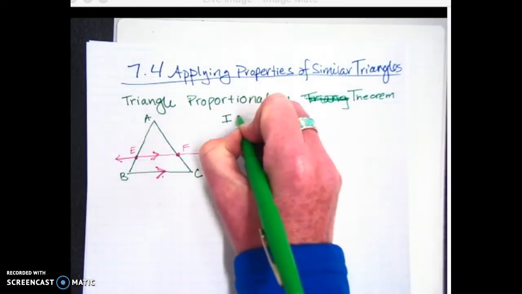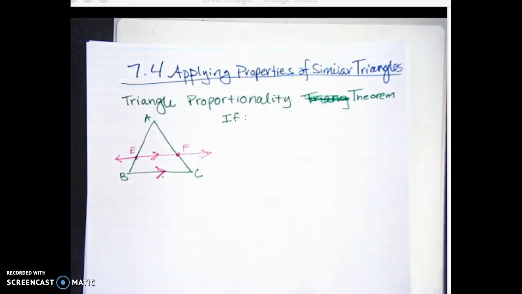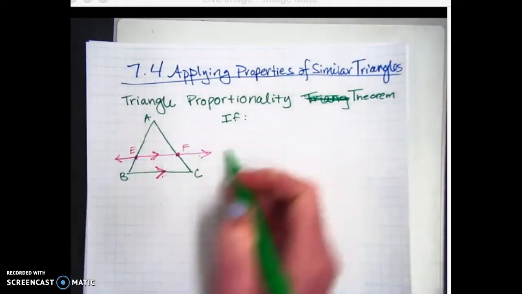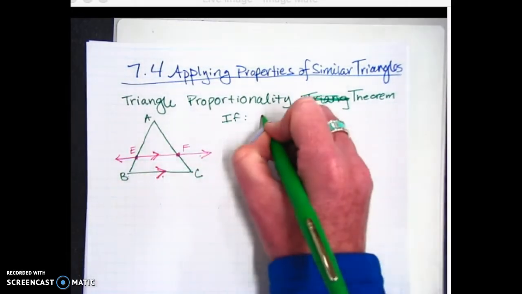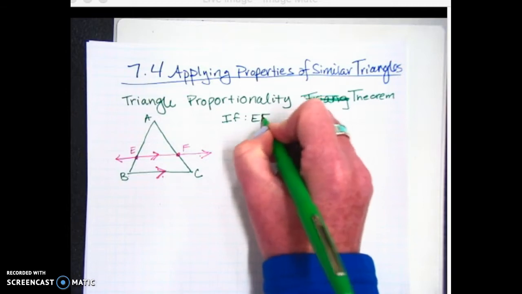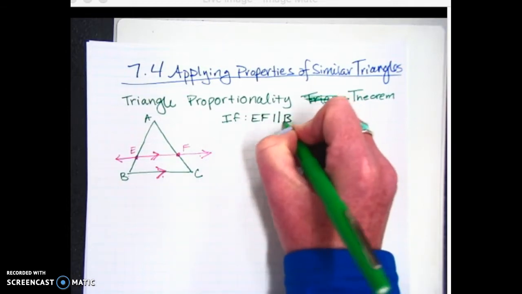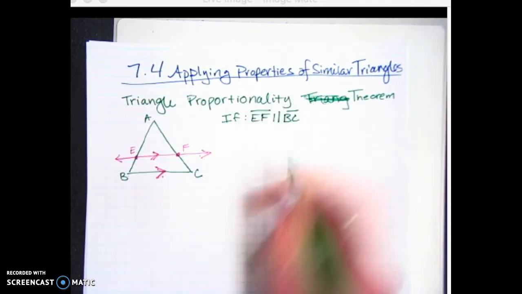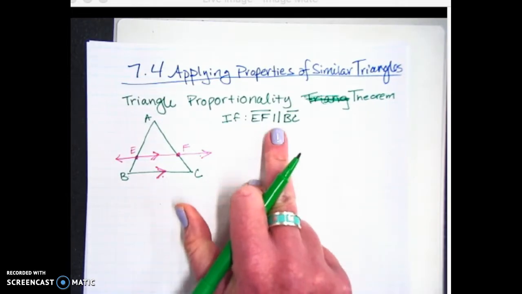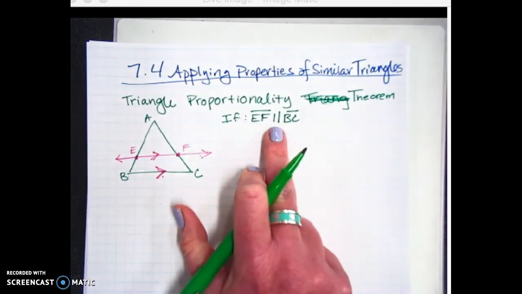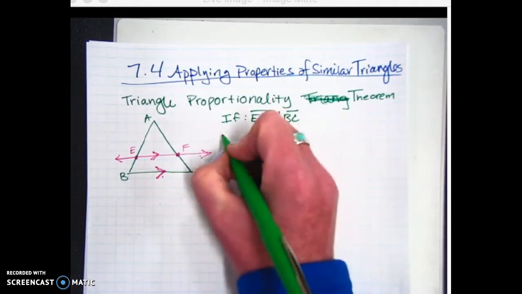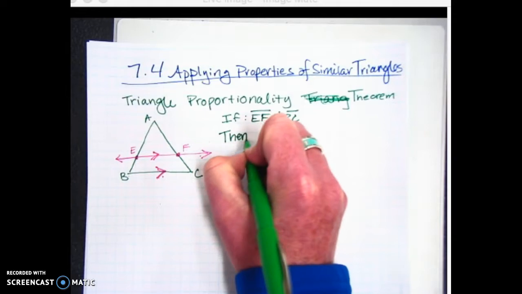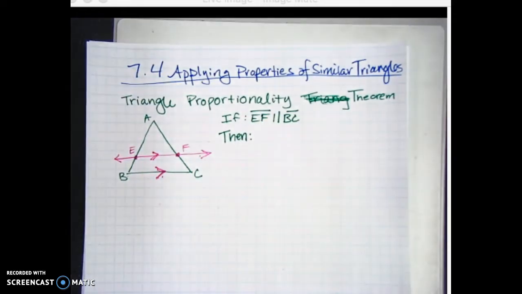This theorem says that if the two lines are parallel, so EF is parallel to BC, okay, so if EF is double hockey stick to BC, that double hockey stick is the shortcut for parallel, right? Then you're going to be able to just set up a proportion from the four pieces.